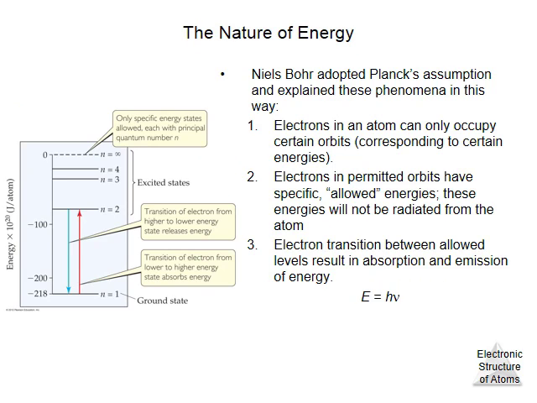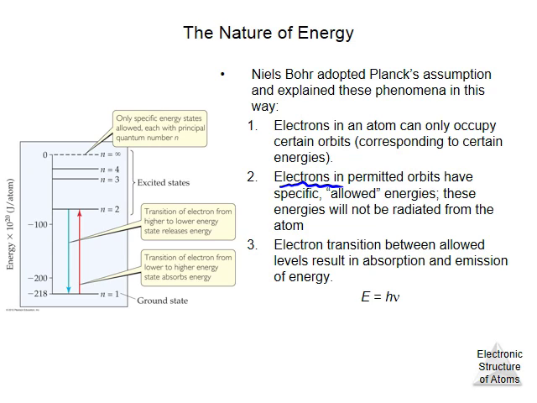Now Niels Bohr is the one who first explained this. He explained that by considering electrons in an atom remain only in certain orbits, just like planets around the sun. You know that there are different planets at different distances from the sun. Similarly, he assumed that electrons are in specific orbits and at certain distances from the nucleus.